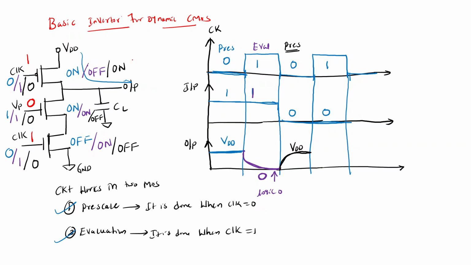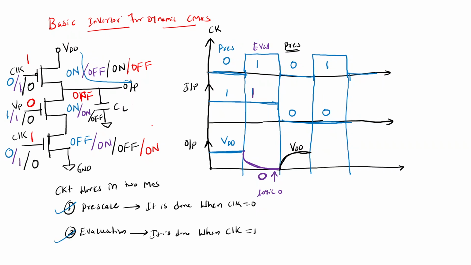The input is 0, so the input NMOS will be off, and the clock is 1, so the evaluation NMOS will be on. So what happens here?